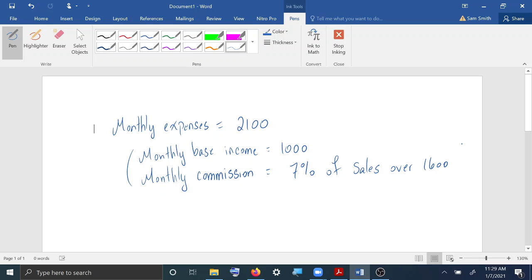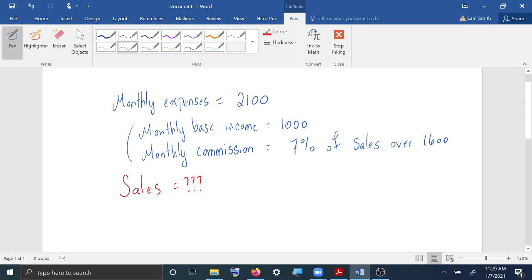The question is how much we would need to sell in order to cover those expenses, so sales is the unknown here. When we have an unknown like sales in a word problem, that unknown is given a variable. I'll use the letter X to stand for the sales.